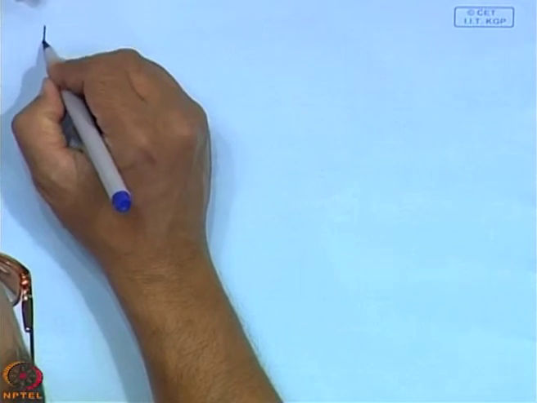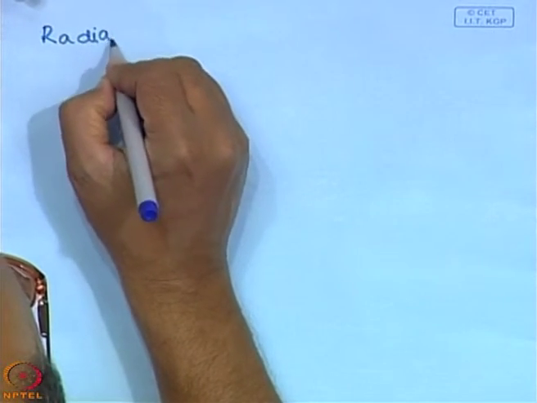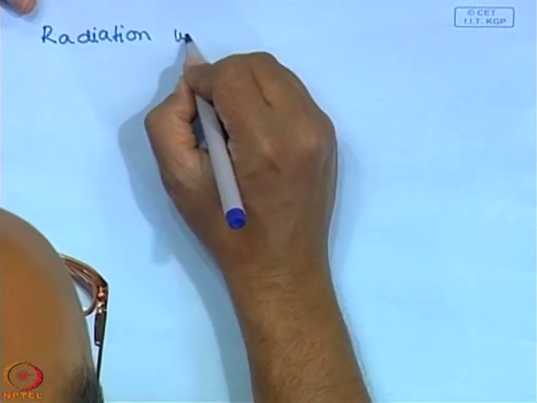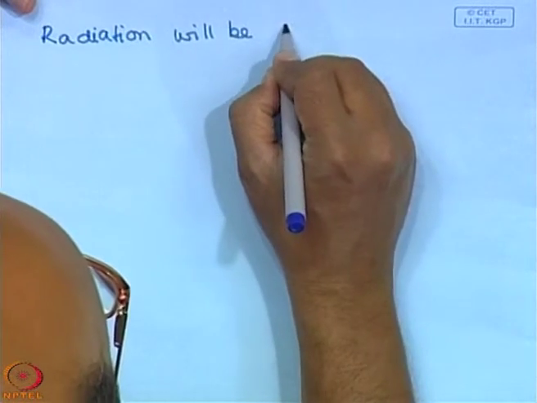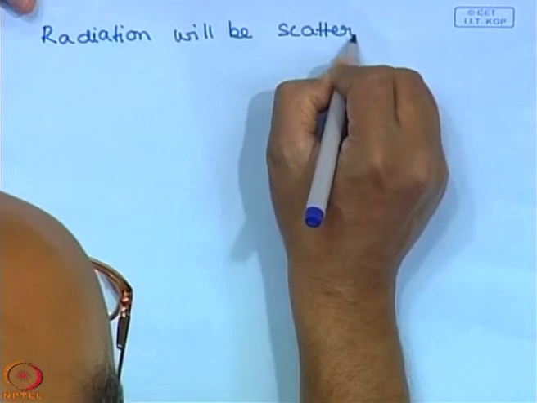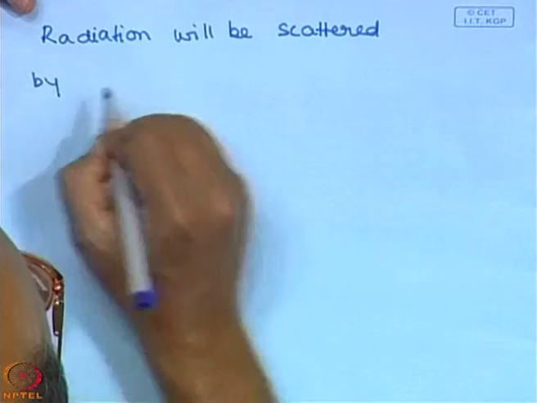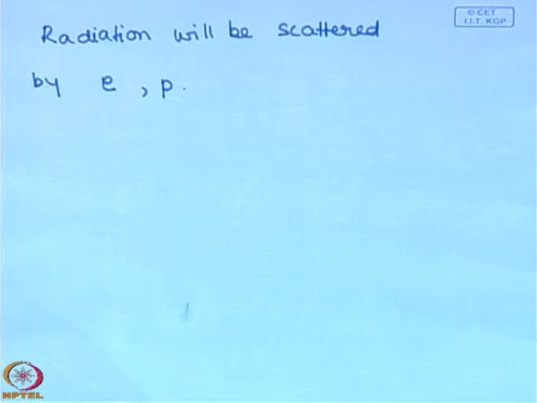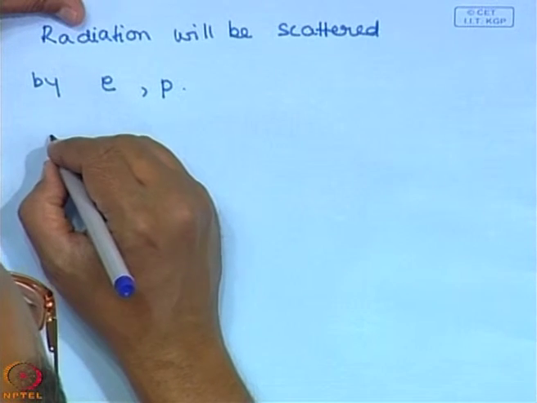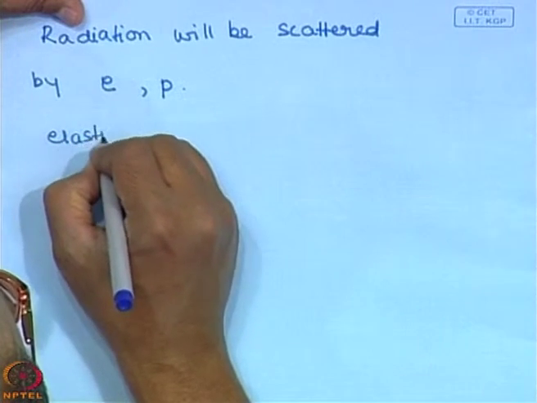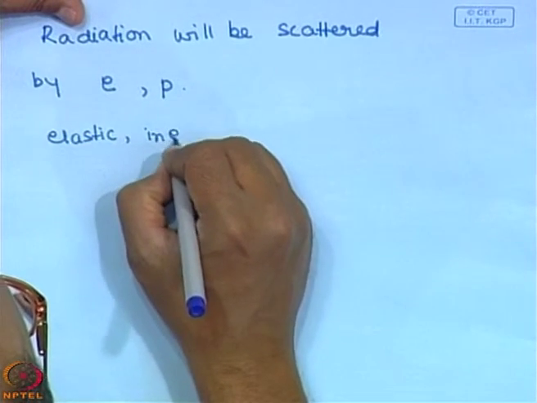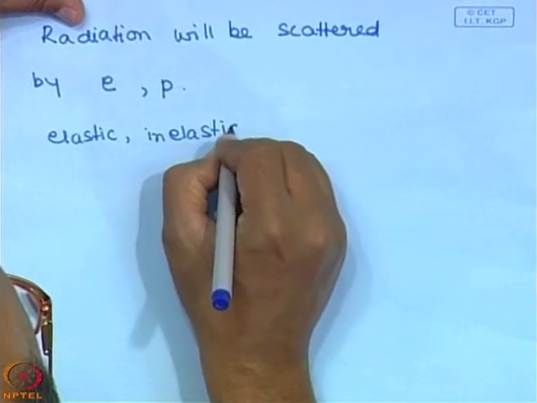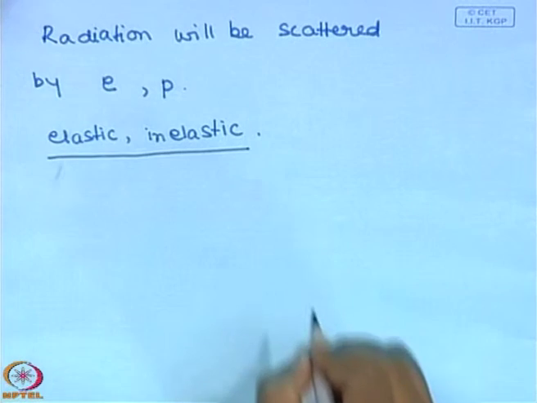So, the radiation will be scattered by the electrons and by the protons, right, by the ions both. The electron obviously is going to contribute more than the ions, but both of these effects are going to be there, and this will be both elastic and inelastic. Both of these will be there.